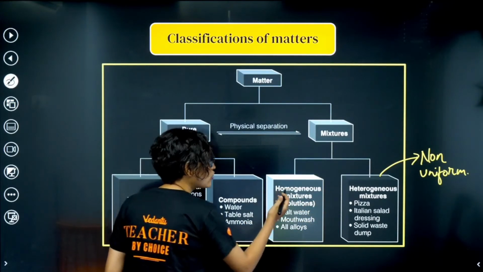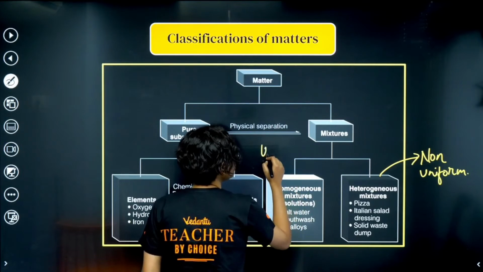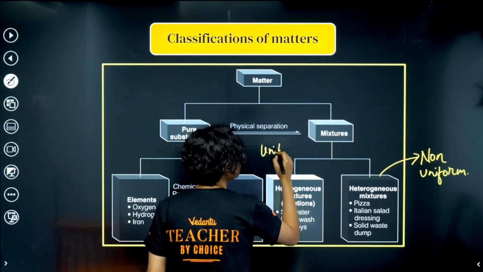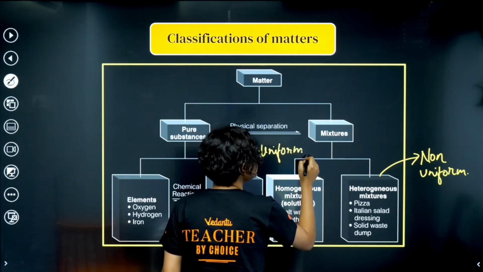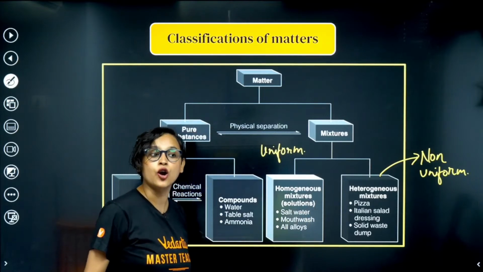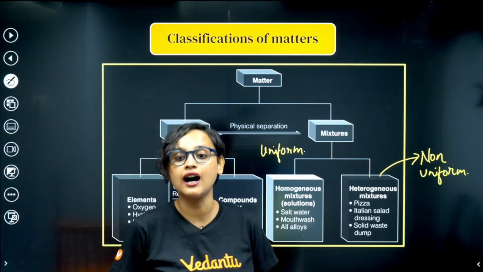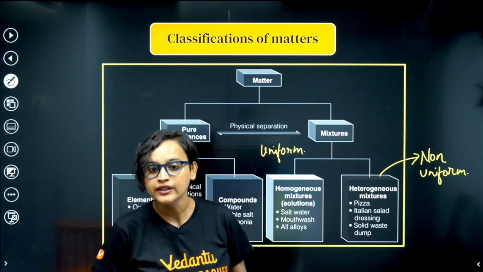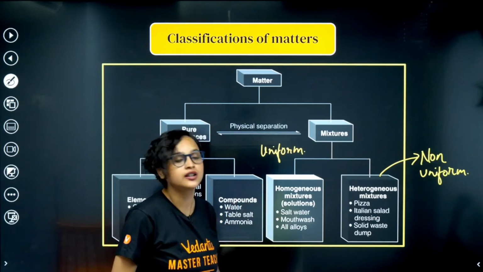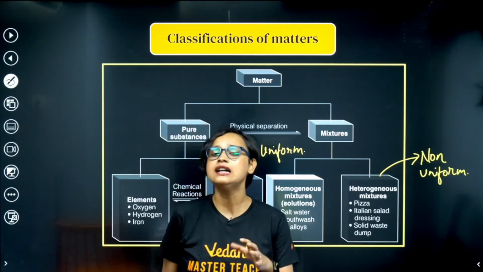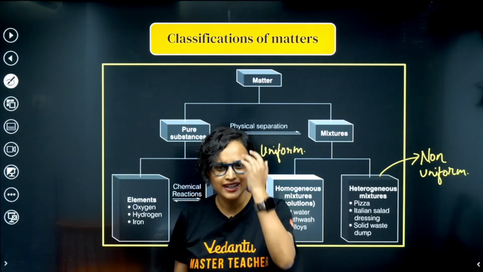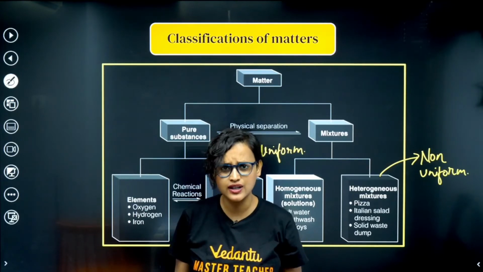Whereas when we talk about homogeneous mixture, there is a uniformity. They are uniform, they are similar, they are the same. So, homogeneous mixture in case of solution, let's talk about lemonade. In summer, we do have lemonades, isn't it?